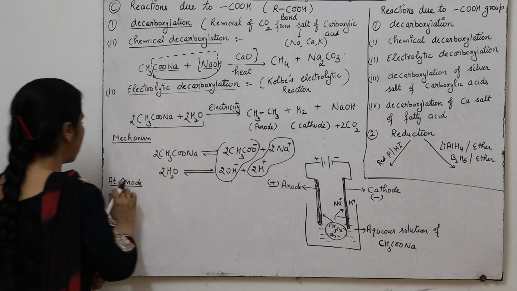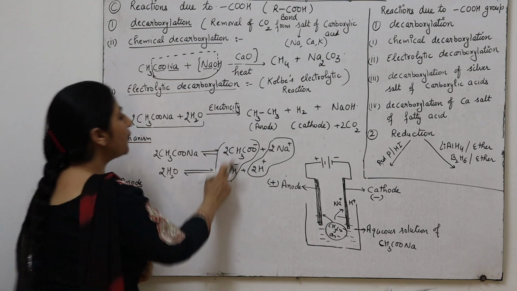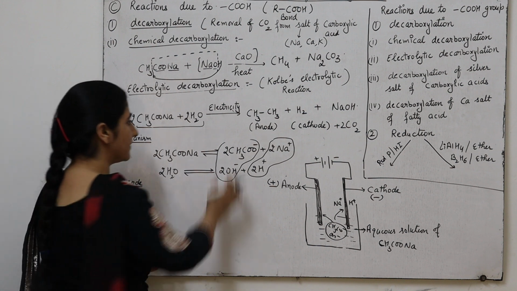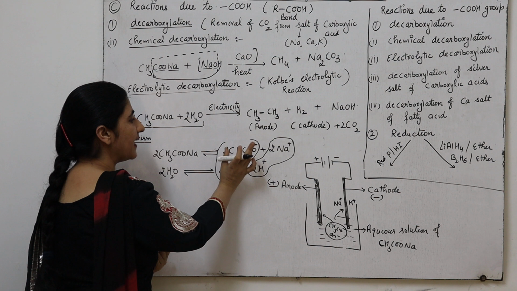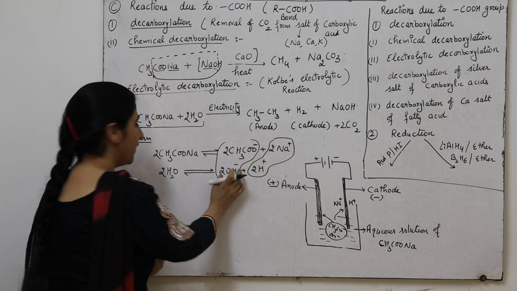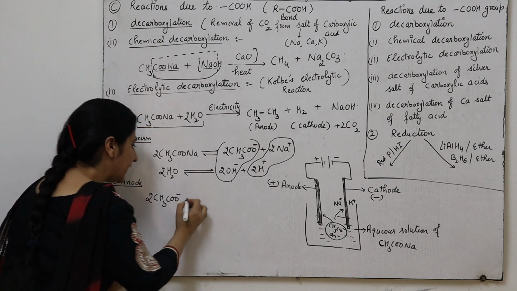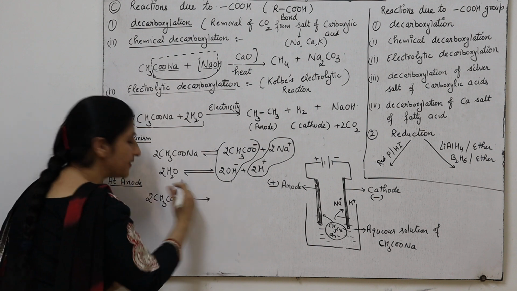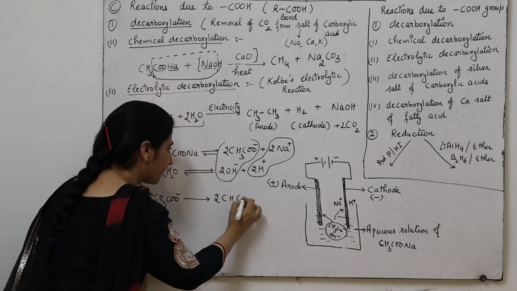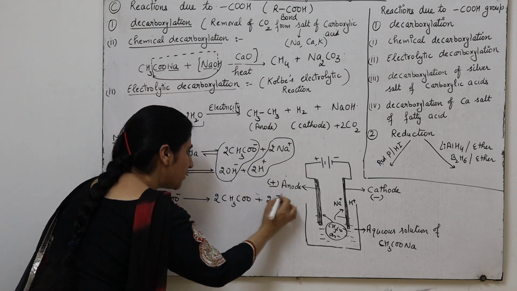As we know, oxidation takes place at the anode. Out of these ions, which has the greater tendency to get oxidized? The acetate ion has a greater tendency to oxidize as compared to the hydroxyl ion. So the acetate ion gets oxidized. Oxidized means loss of electron. We form a neutral acetate molecule with the loss of an electron.